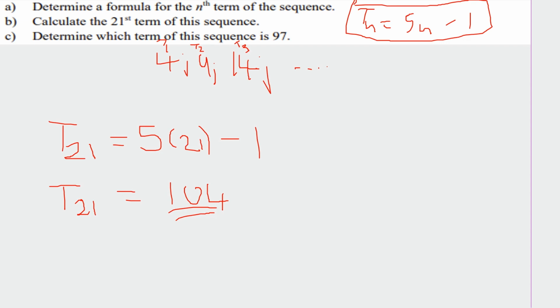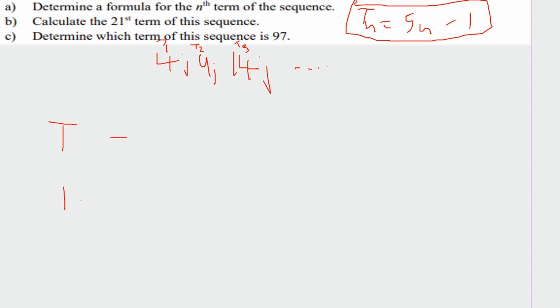So let's answer the last one, which is number C. Number C says: determine which term of the sequence is 97. Basically, they're saying determine which term of the sequence has a value of 97.